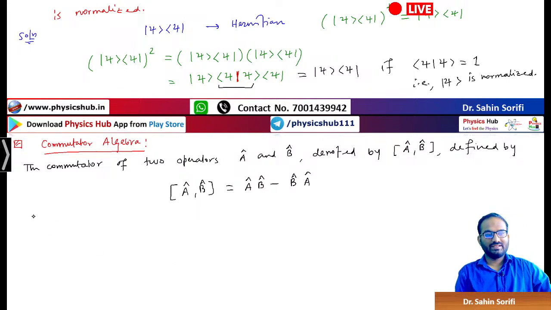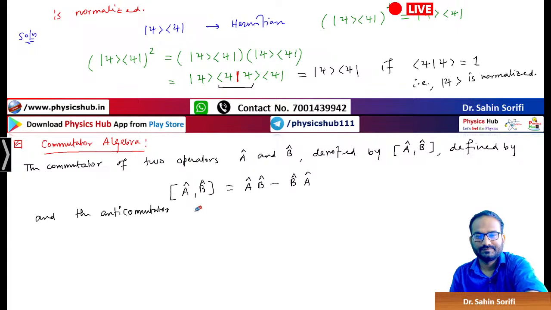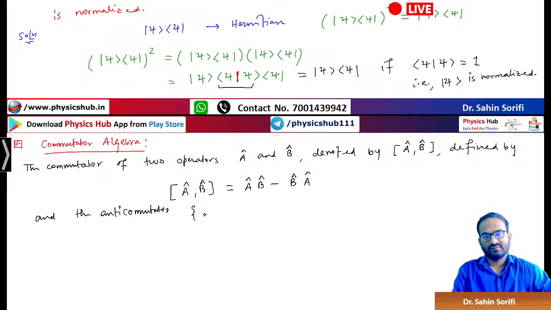Now, there is something called the anti-commutator. The anti-commutator of A, B, we represent it within the second bracket, and it is defined by A B plus B A. What is the difference?